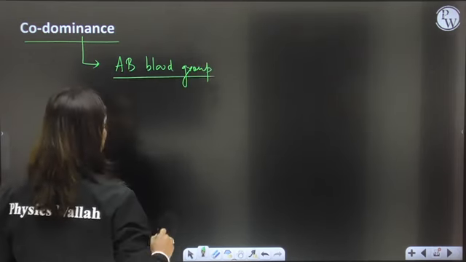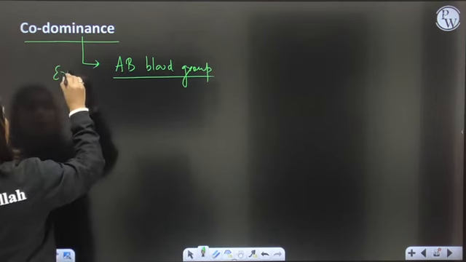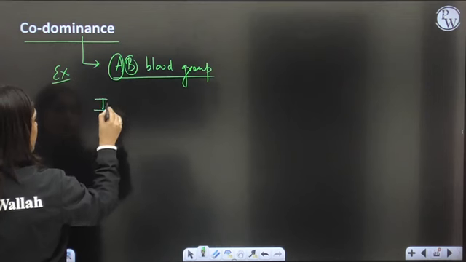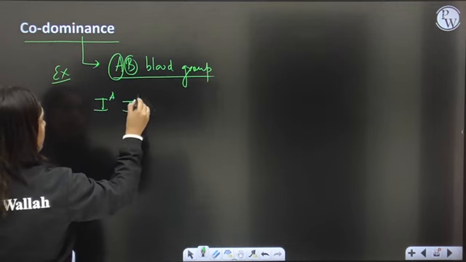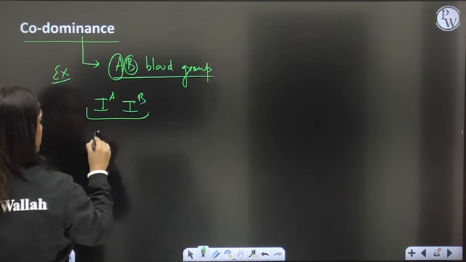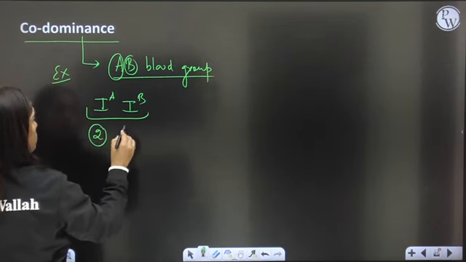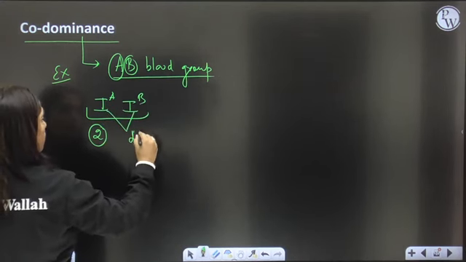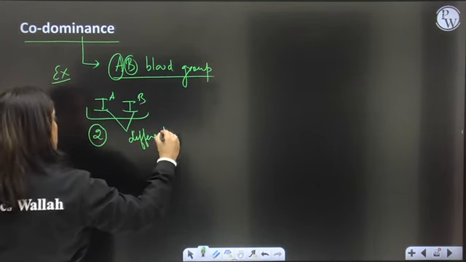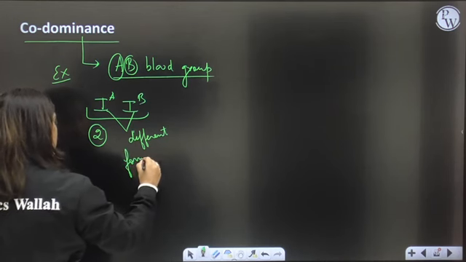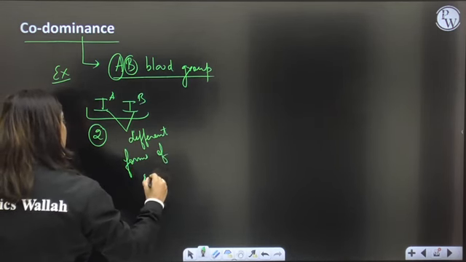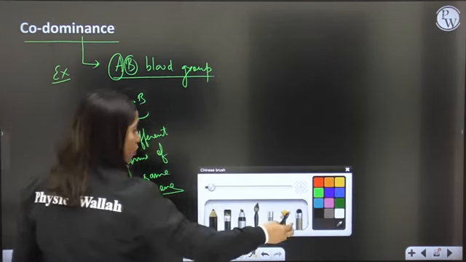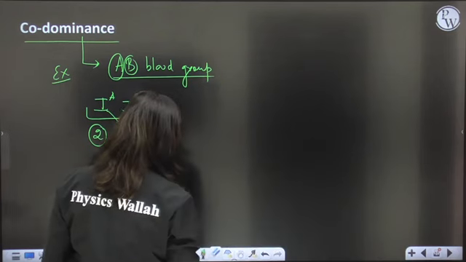AB blood group. And in the AB blood group, these two genes, that is IA and IB, are different forms of the same gene, but they do not show the relationship of dominance and recessiveness.